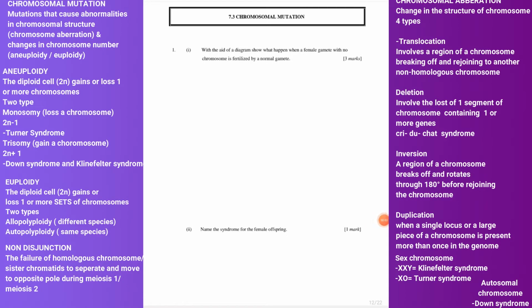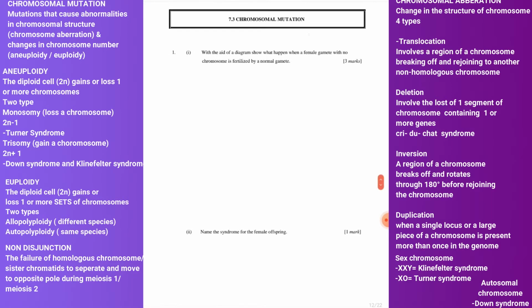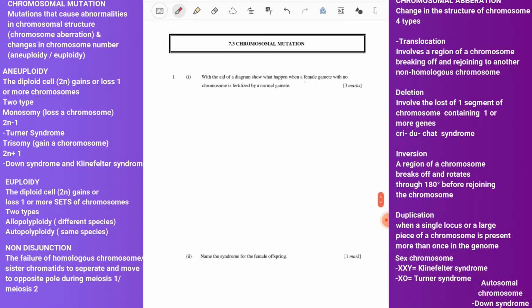One for chromosomal mutation. The diagram shows what happens when a female gamete with no chromosomes is fertilized by a normal male gamete.